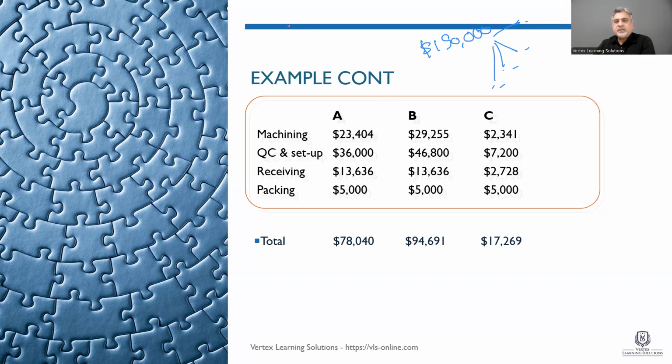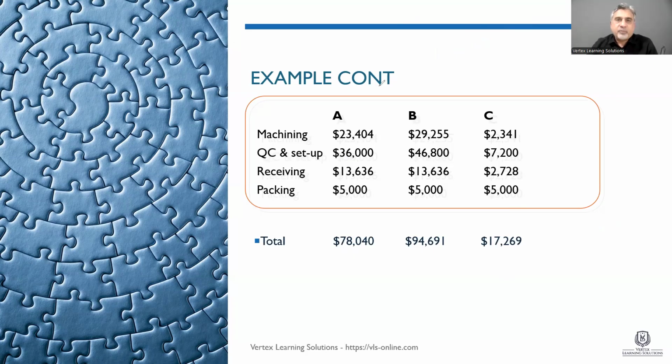So 78,000 goes to product A, 94,000 goes to product B, and 17,000 goes to product C. You make a total of these numbers, it will remain 190,000. Your total overheads for 4 activities, okay? Now you got 78, 94, and 17.